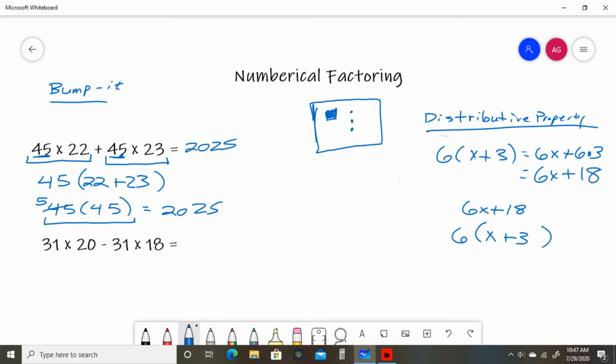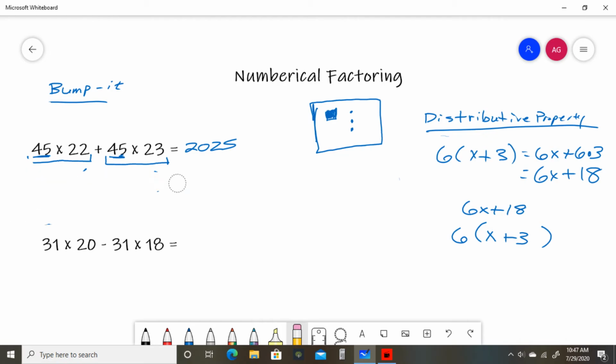So to recap, basically what you want to do is take out a 45 from each of our expressions and then add them back, basically. So you take a 45 out of 45 times 22, you just have 22.